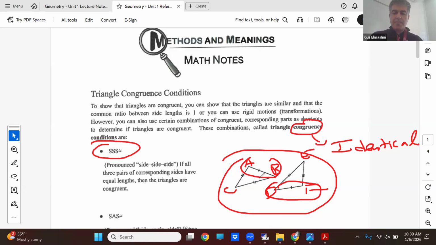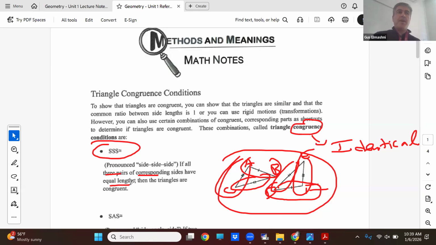Notice how also BC and DE line up. And lastly, AC and EF line up. So if you have three pairs of corresponding sides of equal length, then you can say the two triangles are identical. So we call it side, side, side.